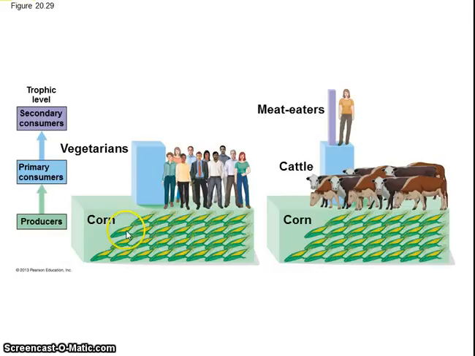So out of that corn, 10% of the energy or so is going into your growth. But when you go up another level, 10% goes into the cow's growth. So then out of every 100 grams you eat of meat, only 10% of that is going into your growth. So from the corn, you're only getting about 1% towards your growth.